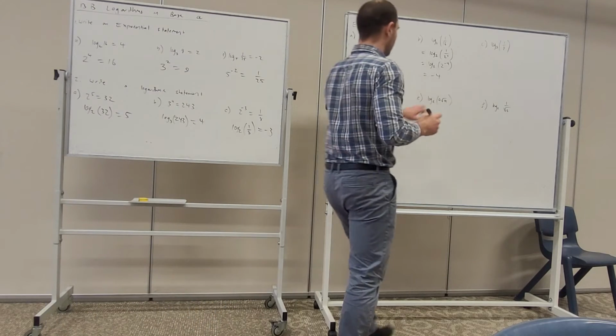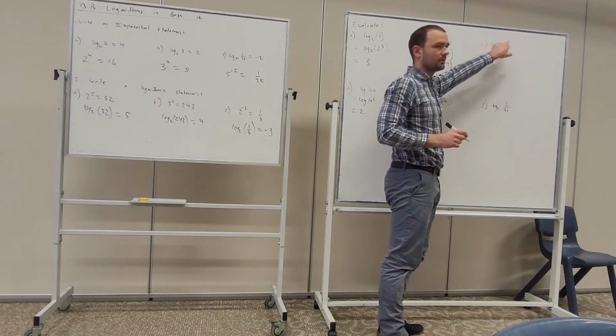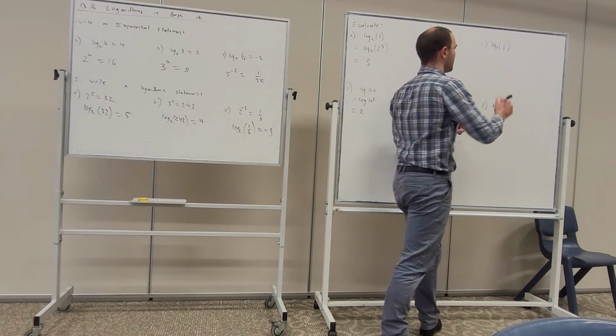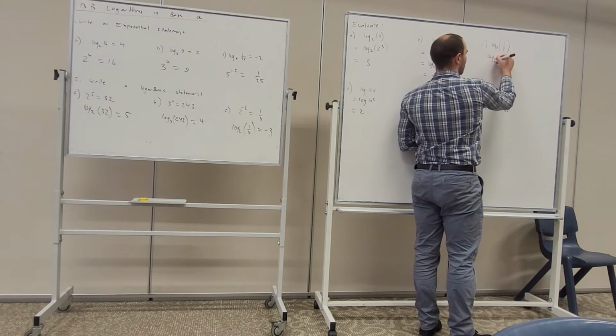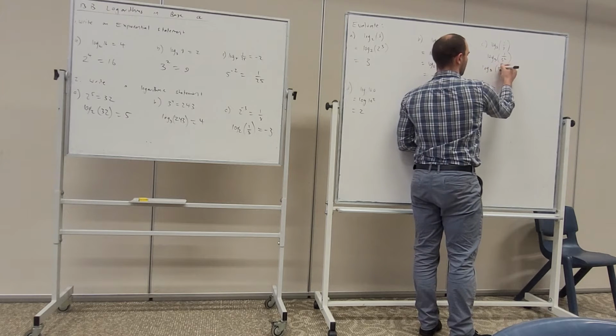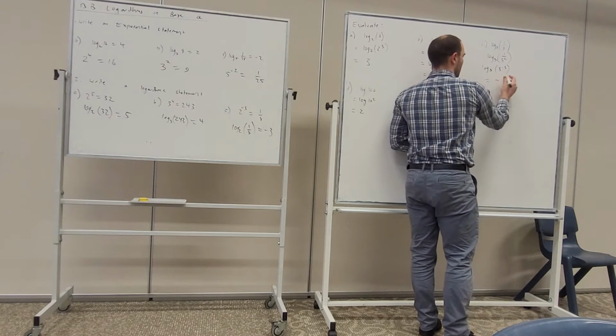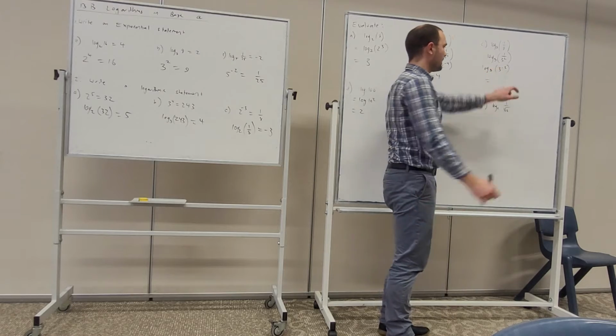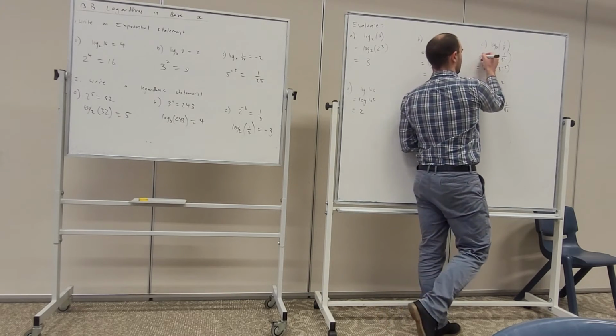Now the base is 3, so we need to express this in terms of a power of 3. So we've got 1 on 3 squared, which is 3 to the minus 2. We've expressed it as a single power of 3, and so it simplifies to the power.